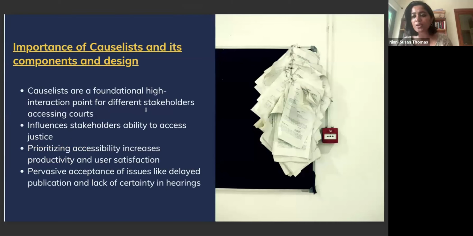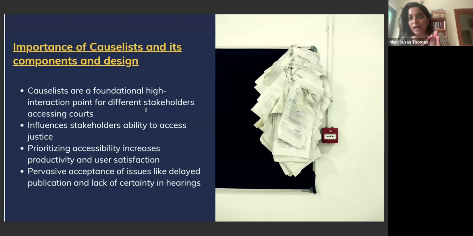That is what you see on how cases are listed and how your case proceeds. So we thought it was very essential to see how people are accessing courts, which is very much affected by the design and accessibility of cause lists, and how it is connected to the listing reforms that all of us are talking about.